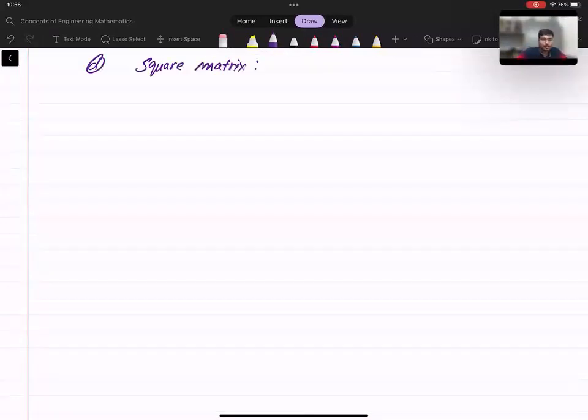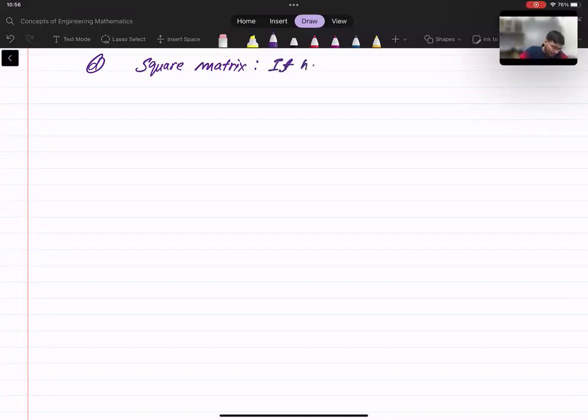So this is a matrix which has number of rows equal to the number of columns.